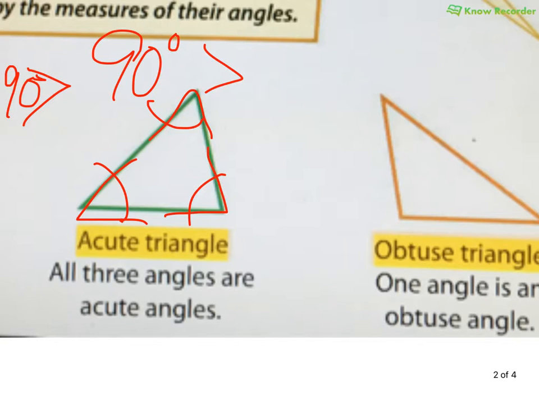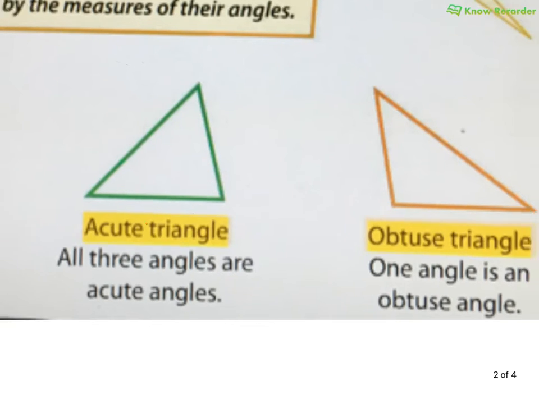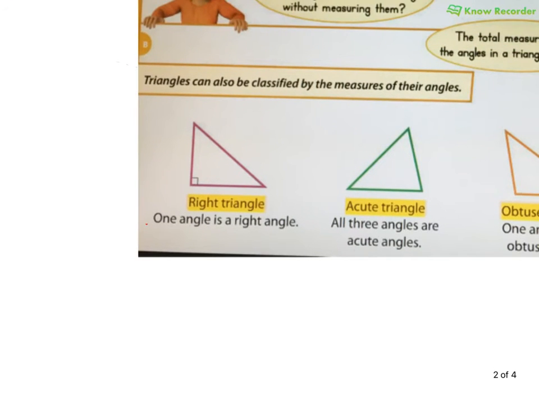It's not just two, because if you look back at the right angle for a sec, the right triangle, if you notice, has two acute angles and a right angle.